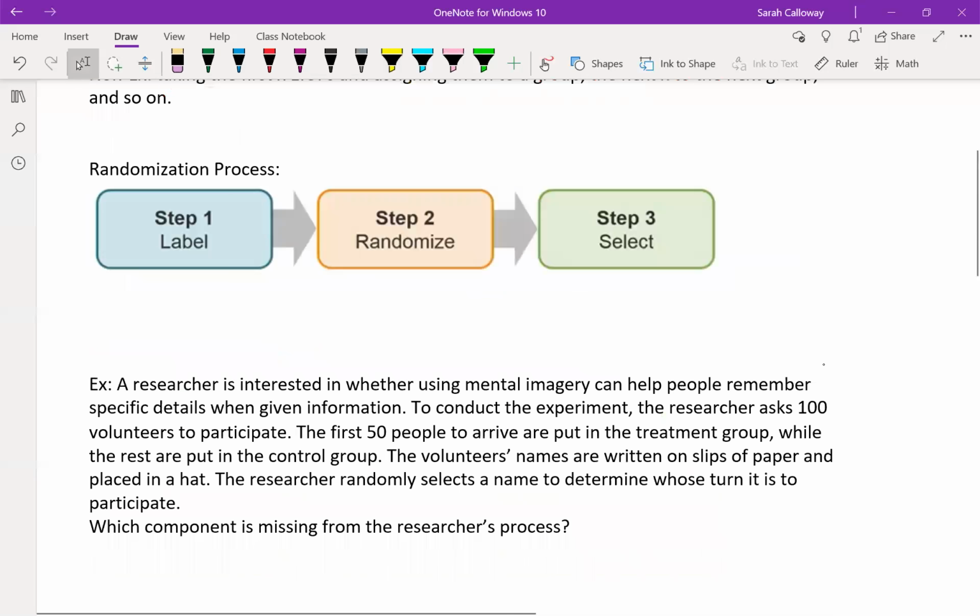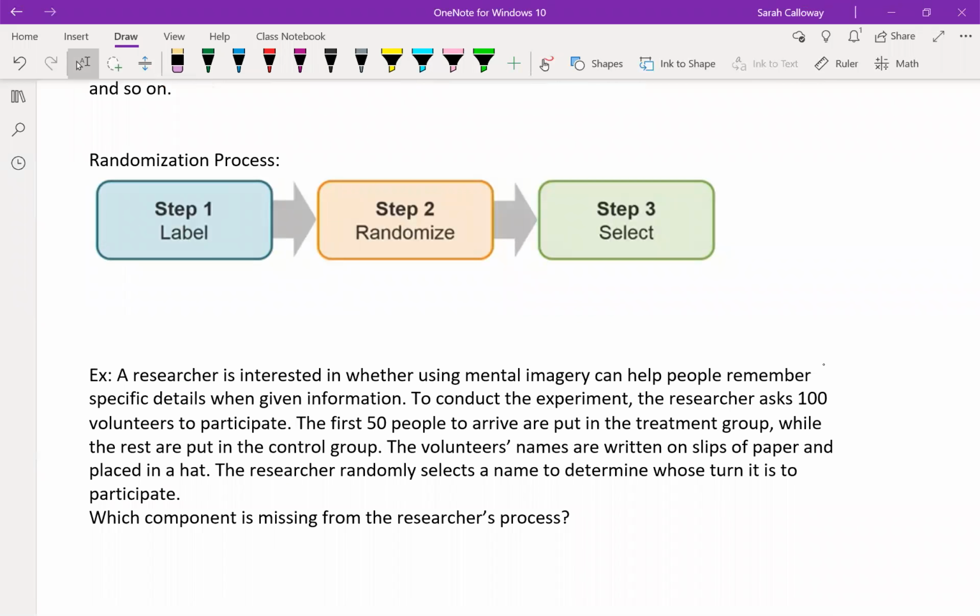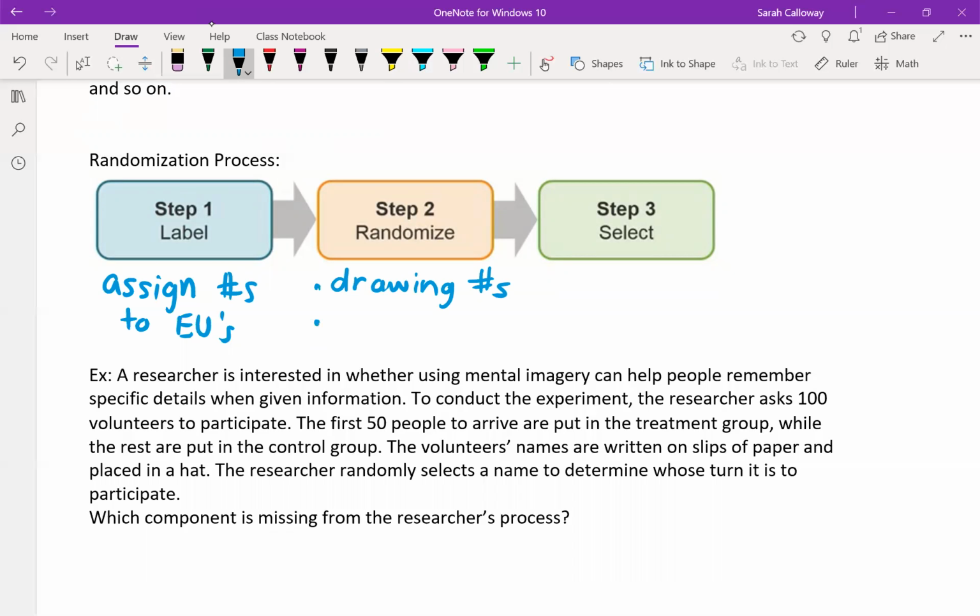In these examples, they used a 3-step randomization process. The first step is to label. Ultimately that means I'm going to assign numbers to the experimental units. Then I'm going to randomize. By randomizing, I'm either drawing the numbers or using random digits to do this.